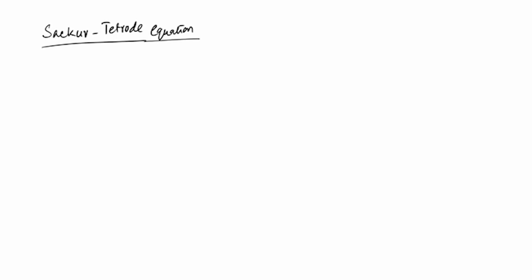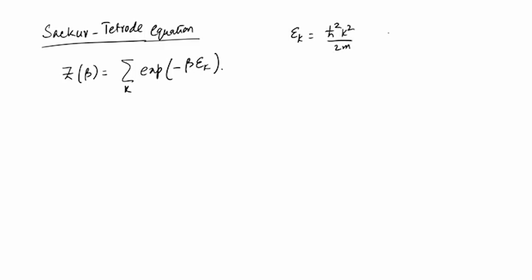And the way they did it is that they took this Z, which is a function of T, let us write it as beta, and this is the sum over k of exponential minus beta e_k. I am writing it as e_k, where e_k is equal to h cross squared k squared over 2m, where p is equal to h cross k.